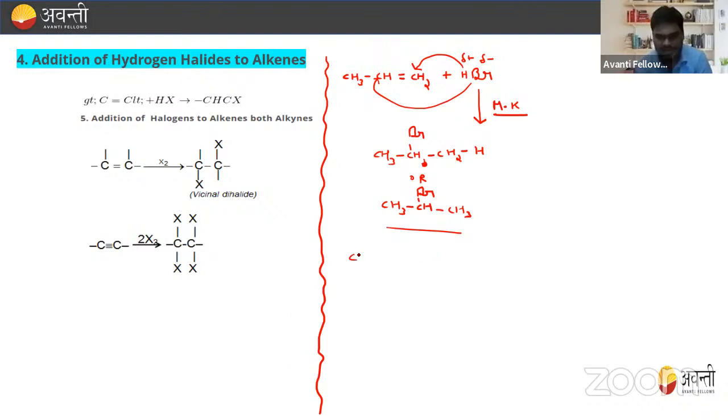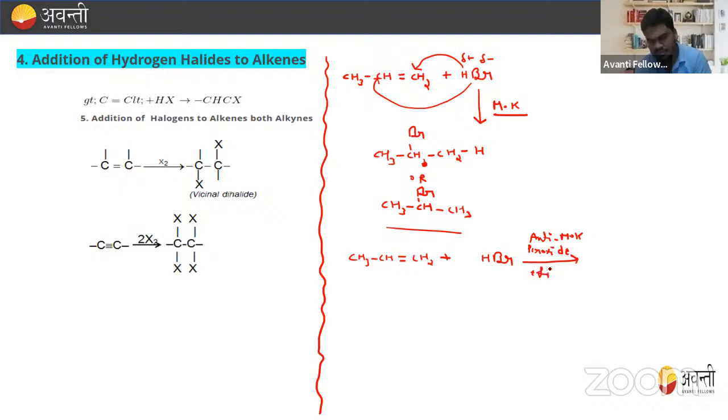Similarly, when we treat CH3-CH=CH2 with HBr in the presence of some peroxide, that is known as the anti-Markovnikov rule, or the peroxide effect.